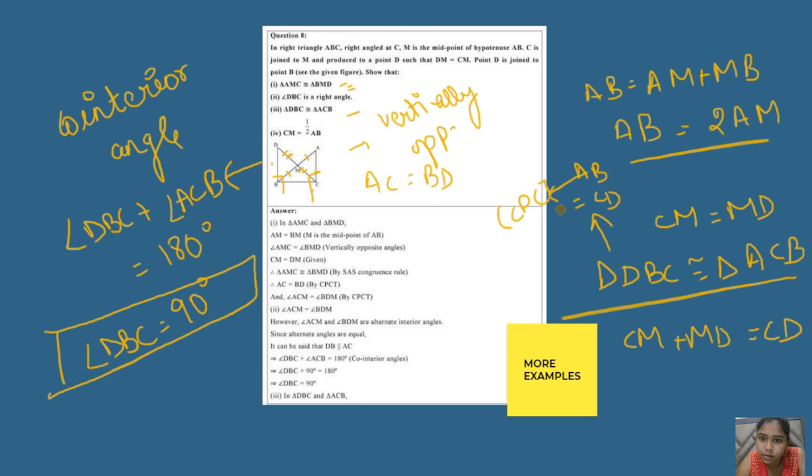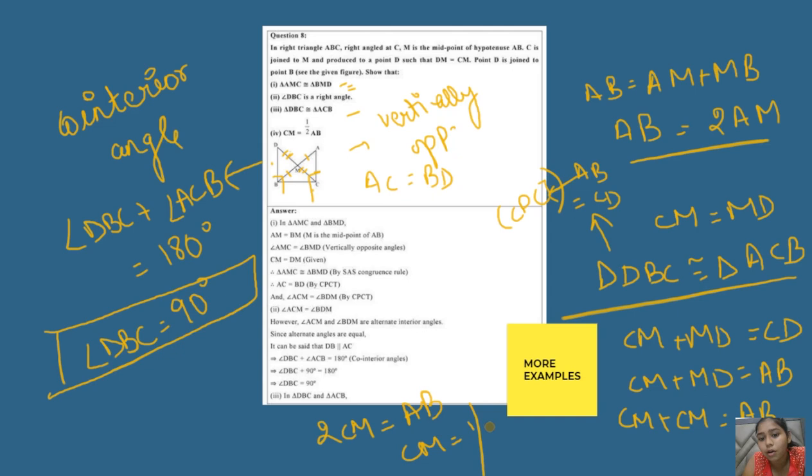So we can write CM plus MD equals AB. Now CM is already equal to MD, so CM plus CM equals AB, right? So 2CM equals AB and CM equals half of AB. This is the question to be done. You will see this type of question in your exam, which contains 2 to 3 parts, and you have to solve each of them, right?